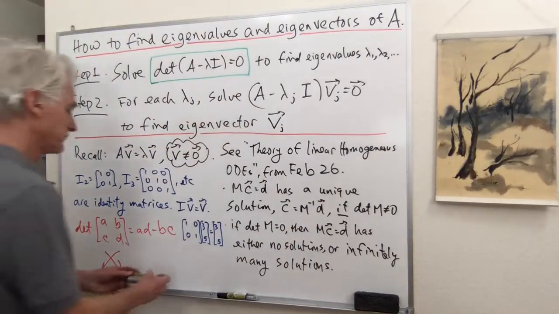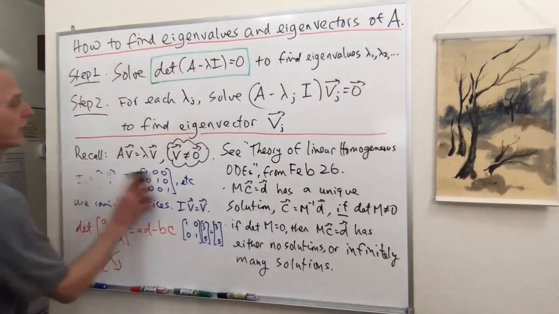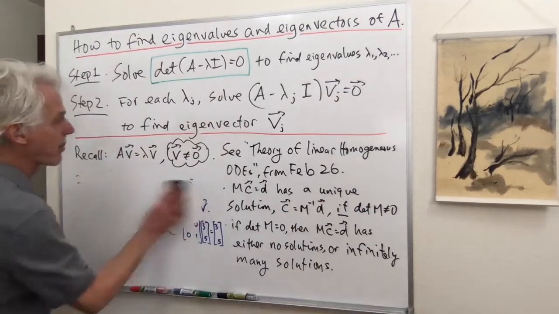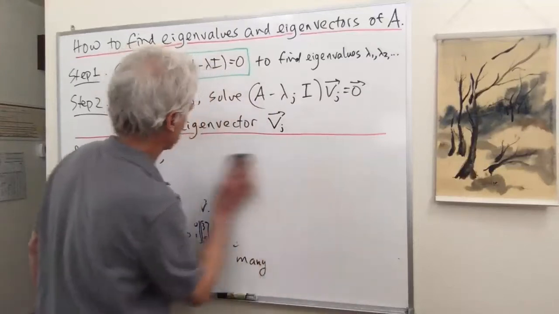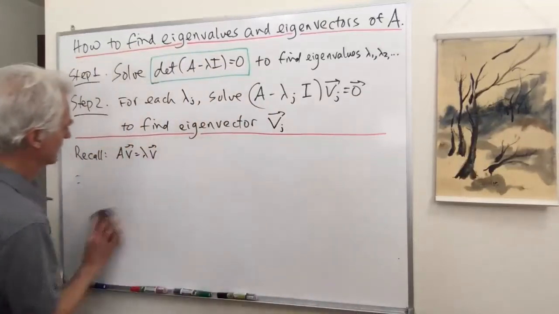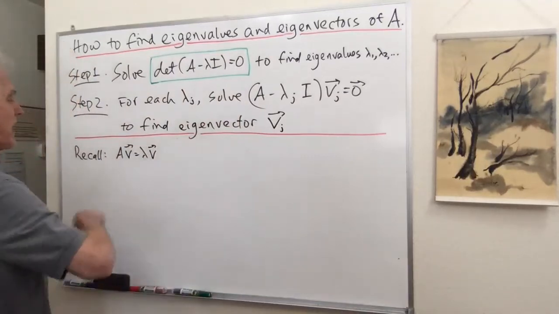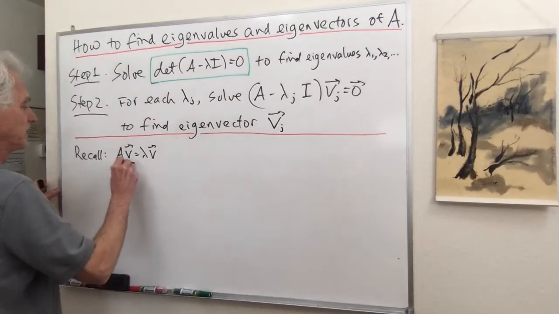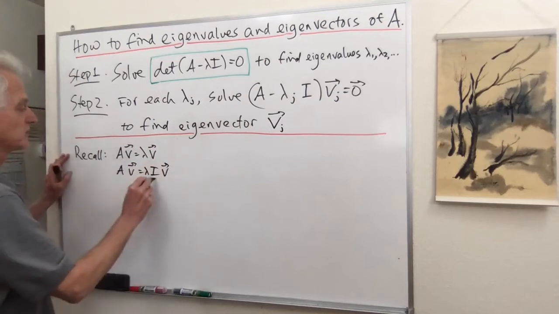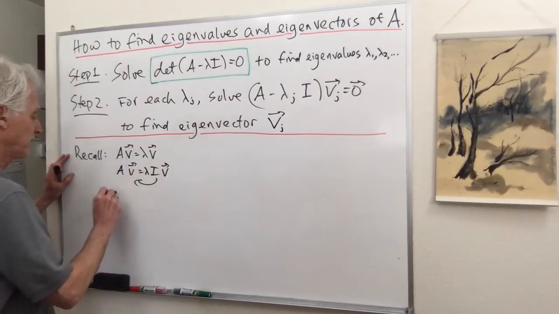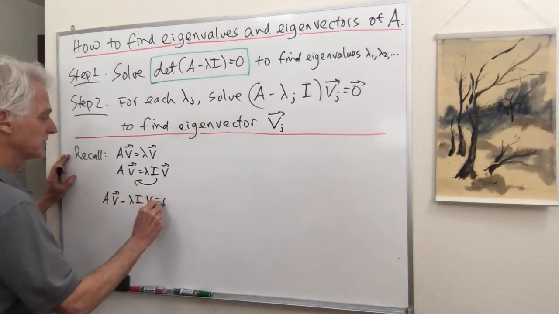Okay, well, that's a handful. Let's head right into it. So let's rewrite this equation as AV equals lambda I V. If I bring this over, I get AV minus lambda I V is the zero vector.